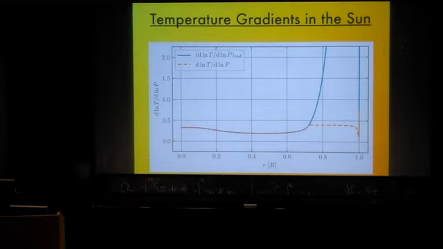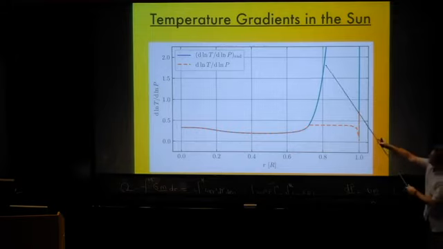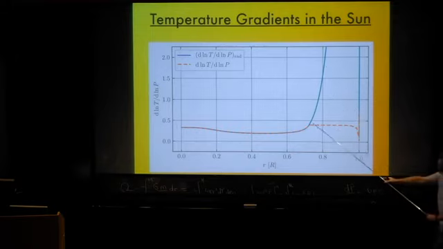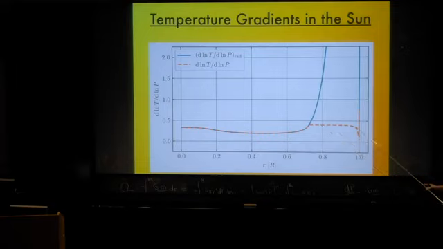So when the convection kicks in, it takes this temperature gradient that radiative diffusion alone might want to set up, and actually brings it all the way back down to here, shown by the orange dashed line.